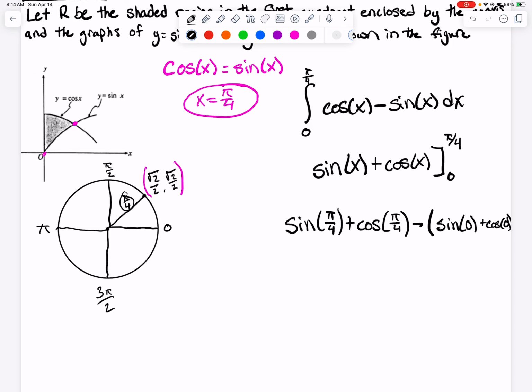Here, we know that on the left side it's going to be the square root of 2 over 2 plus the square root of 2 over 2 with these two. We're going to be minus, oops, I'll switch colors quick. Sine of 0, cosine of 0. Well, at 0, my point is (1, 0). With cosine being first, so this would be minus 0 plus 1, or just minus 1.